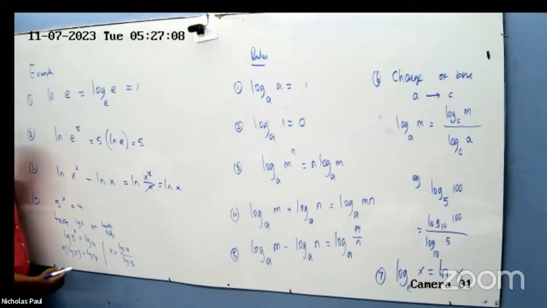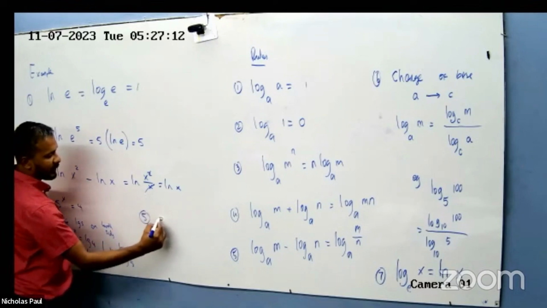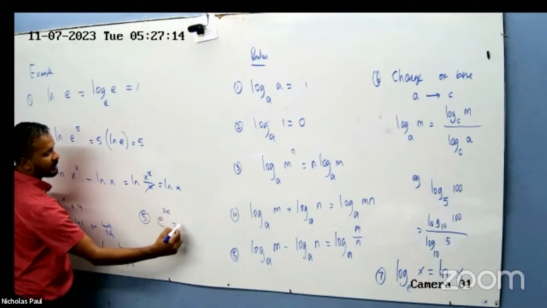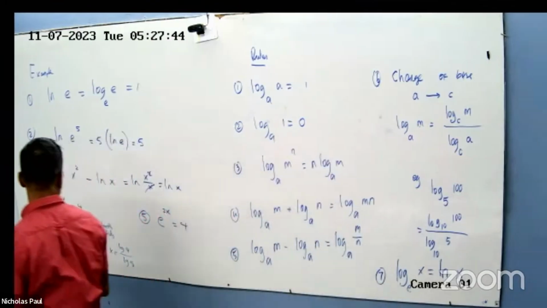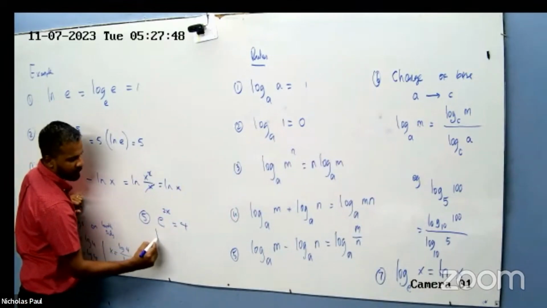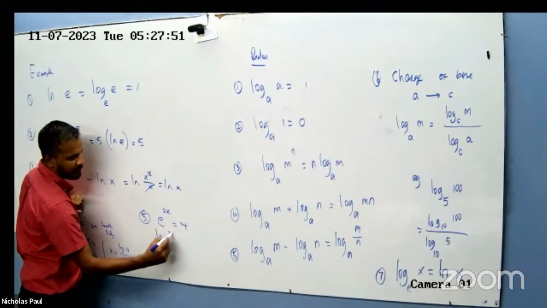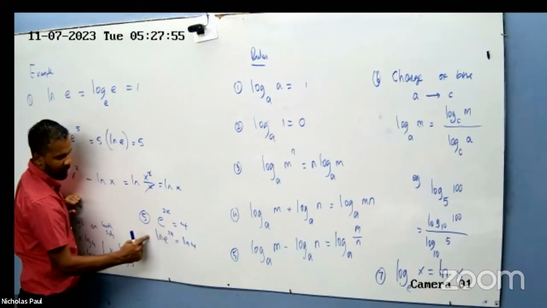Right, but here's why I show you that, Nikolai. Suppose I asked this: e to the 2x is equal to 4. How do we solve for x? Right. So instead of taking logs on both sides, we take ln. So we'll get ln e to the 2x is equal to ln 4. I could take this 2x and bring it in front here.